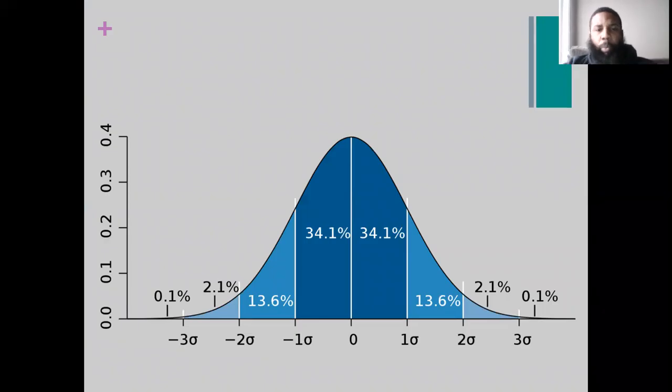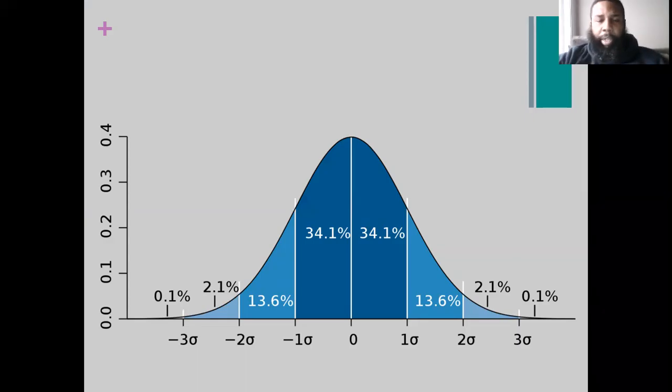So when we talk about standard deviation, we're sort of talking about this curve here, right? So we're really talking about when we take on average, right, the spread of all the numbers, this 0 right here represents what the actual mean is, right?